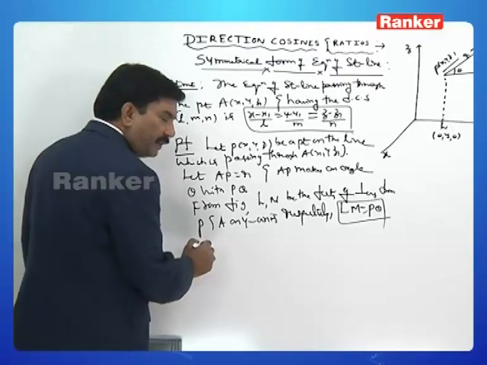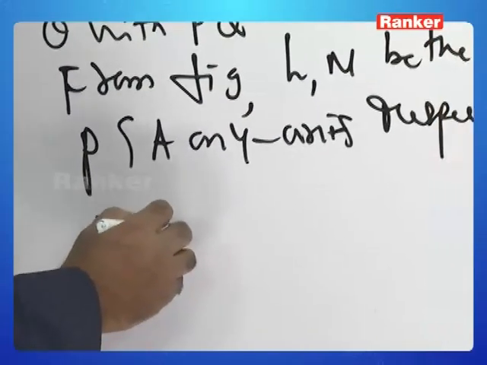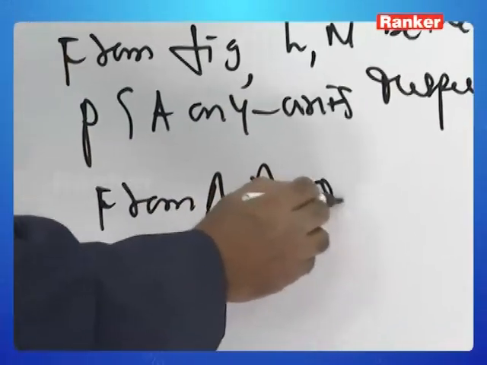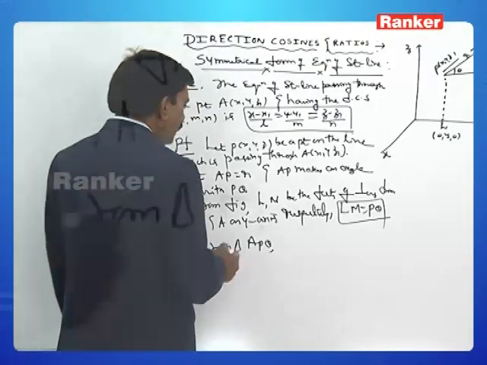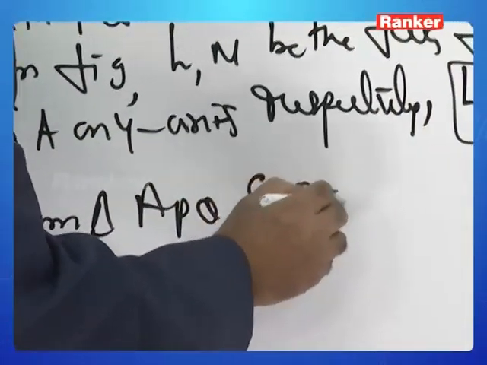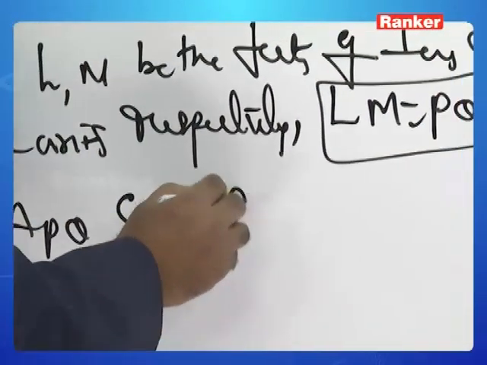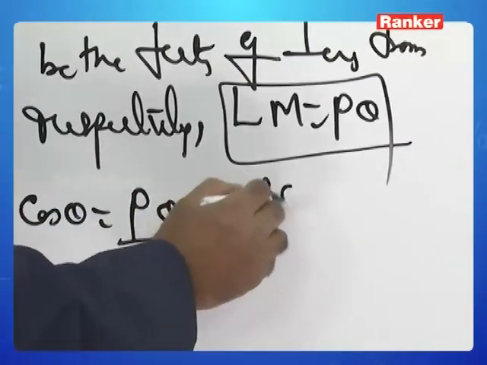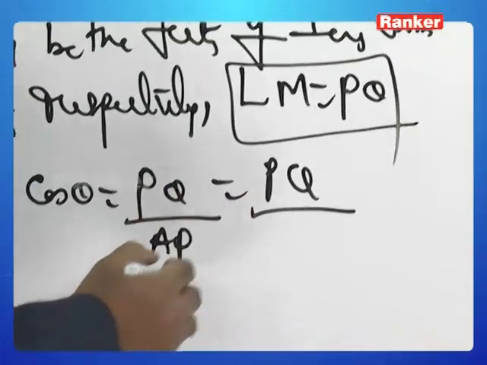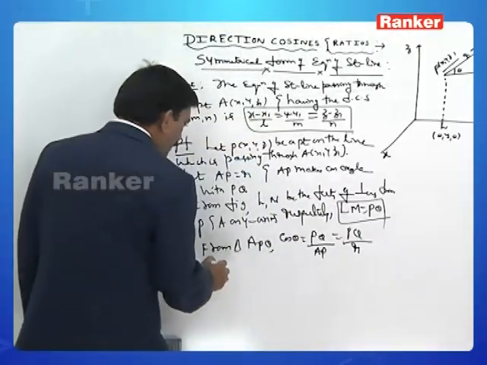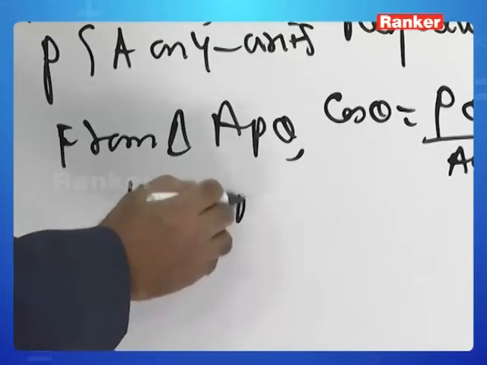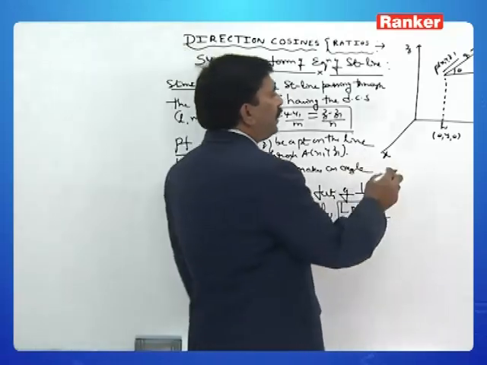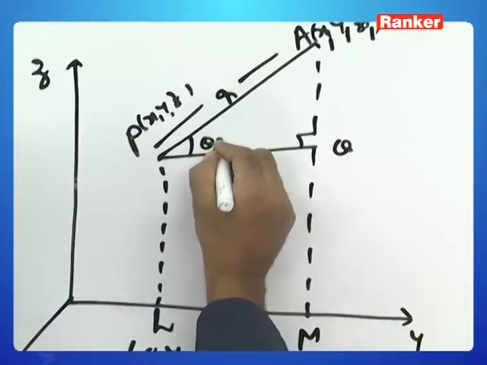From triangle APQ, cos theta is equal to PQ by AP, which is the same as PQ by R. Now if you want, you can put theta is equal to beta.